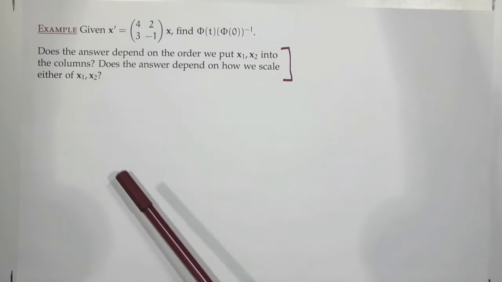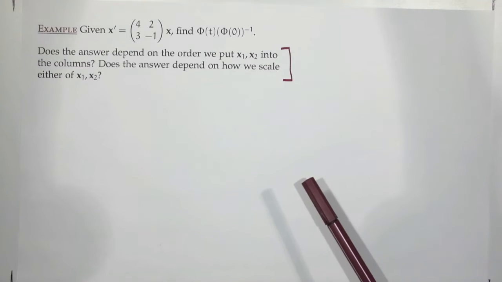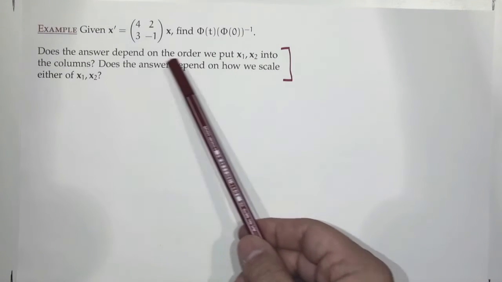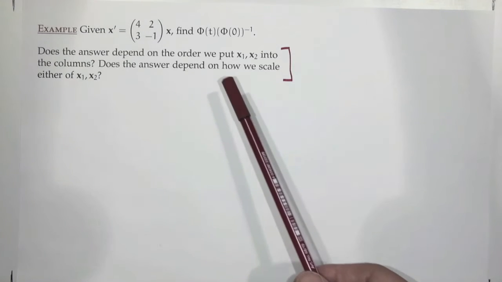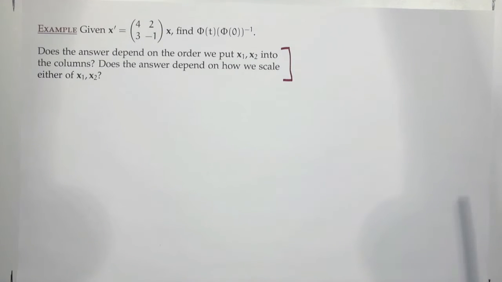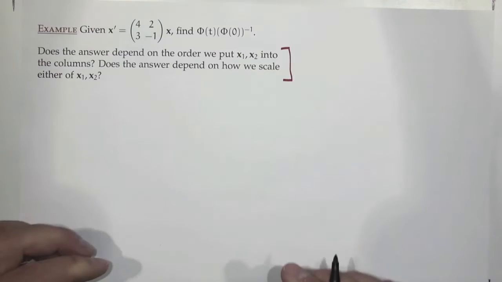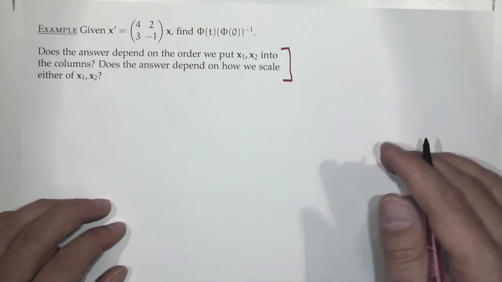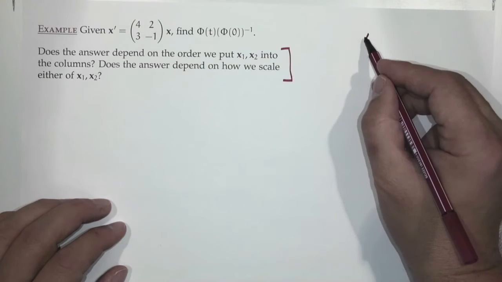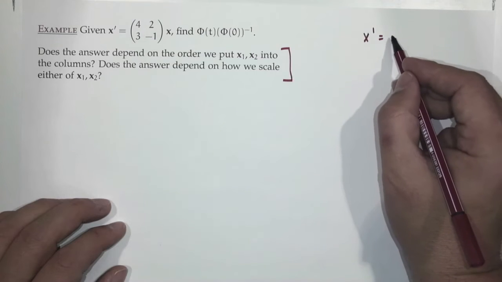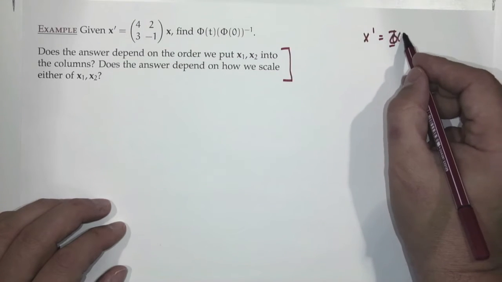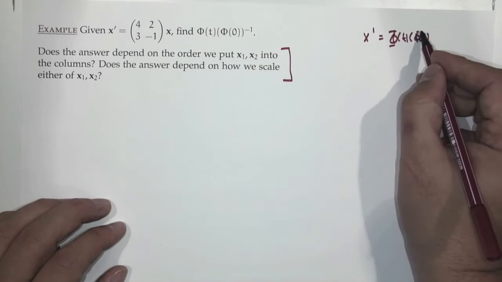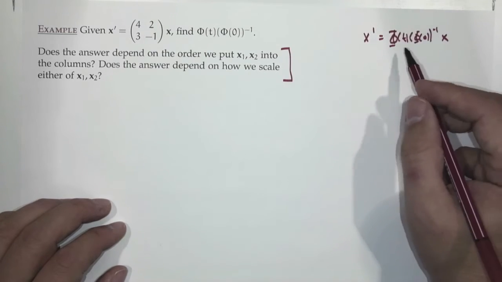I have to be careful because of the way I asked my two questions. Does the answer depend on how we fill in phi, or does it not depend on how we fill in phi? Well, remember, we know that x prime is equal to phi of t, phi of 0 inverse, x.